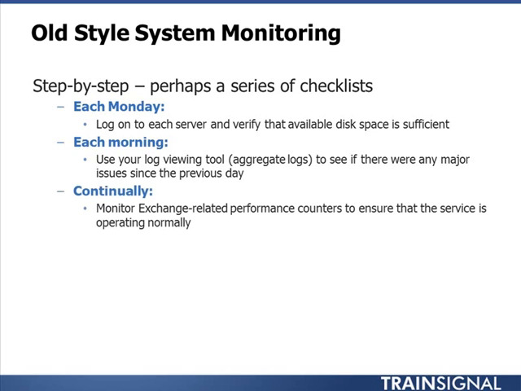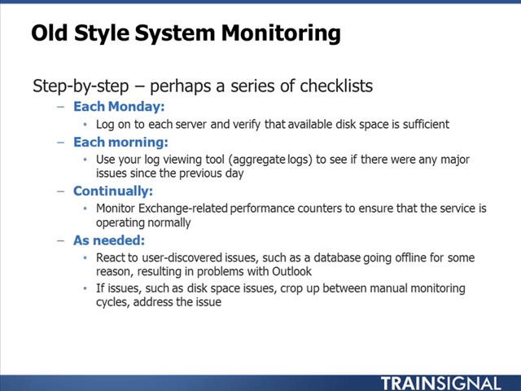On a regular basis, at least somewhat regularly, as time permits between taking help desk calls and doing all the other work, monitor Exchange-related performance counters to make sure that the service is operating normally. And then just as needed, react to user-discovered issues, such as a database going offline for some reason, which could result in problems with Outlook if it's an Exchange database.